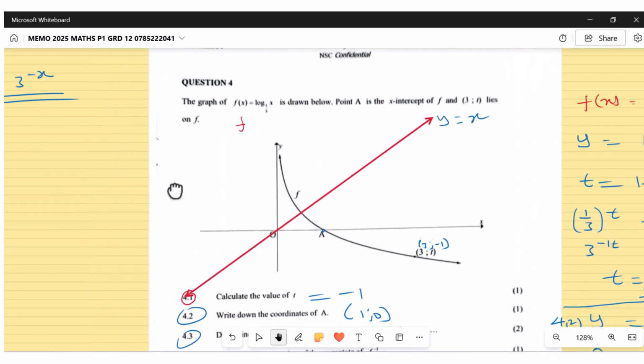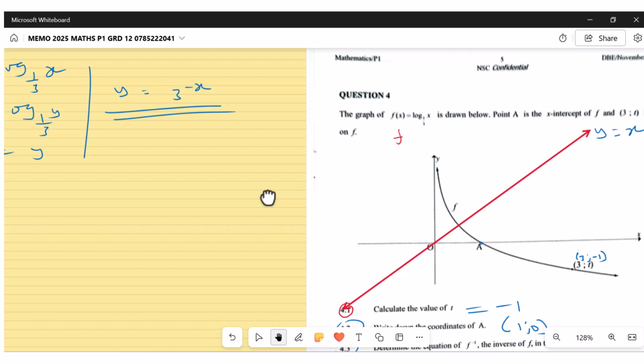Then if I say x equals negative 2, I'm going to have 3 power negative of negative 2, which gives me 9. So I'm passing at 9 here. So you see that it's going up.